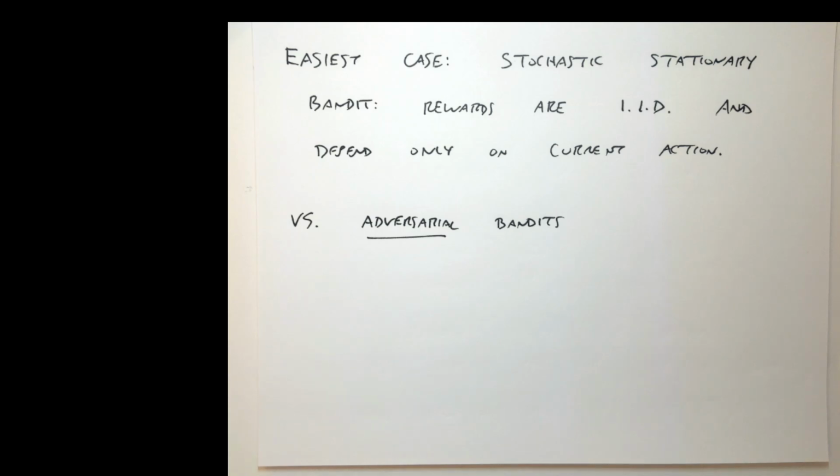Or, for example, if the adversary knows exactly what your strategy is and is trying to make life as pessimistic or as confusing for you as possible, then life is very hard, right? So these stationary bandits are much easier to deal with mathematically than these adversarial bandits where really anything goes, right?